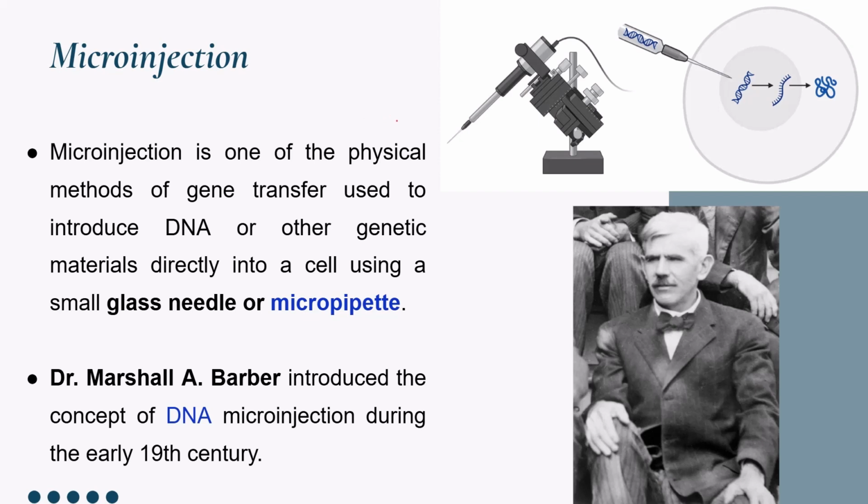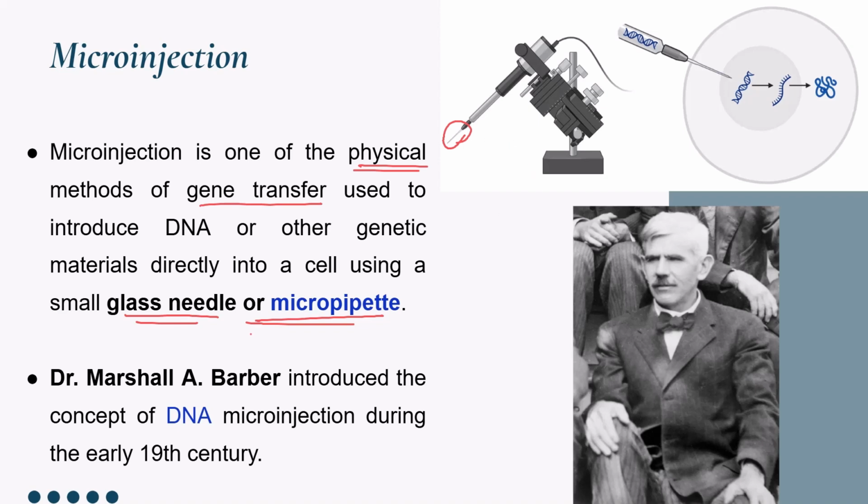Microinjection is one of the physical methods that is used to transfer genes or genetic material using a glass needle or a micropipette. So here we see the instrument, this is called the microinjection, and here this is the glass needle, or we use a glass micropipette.